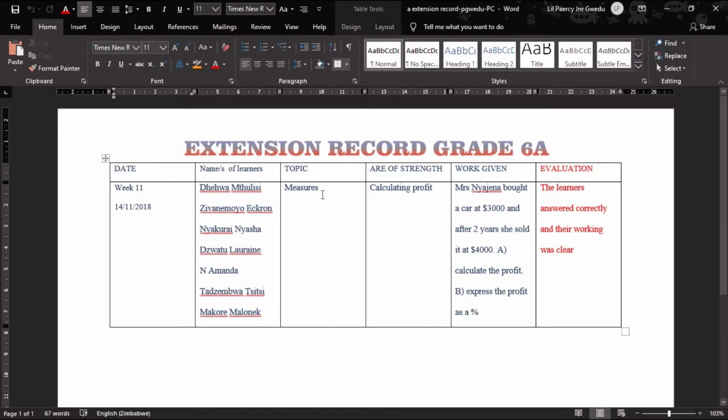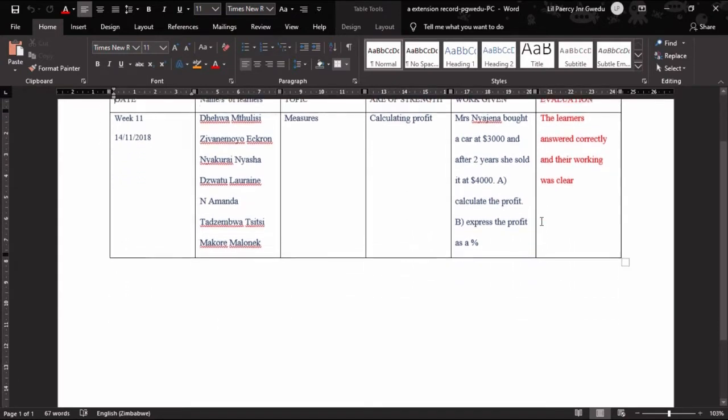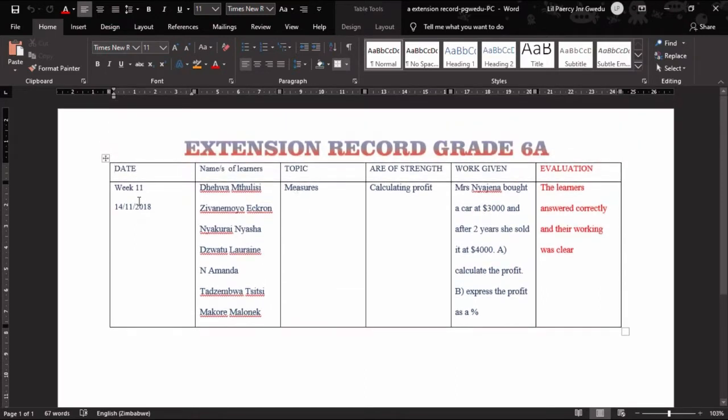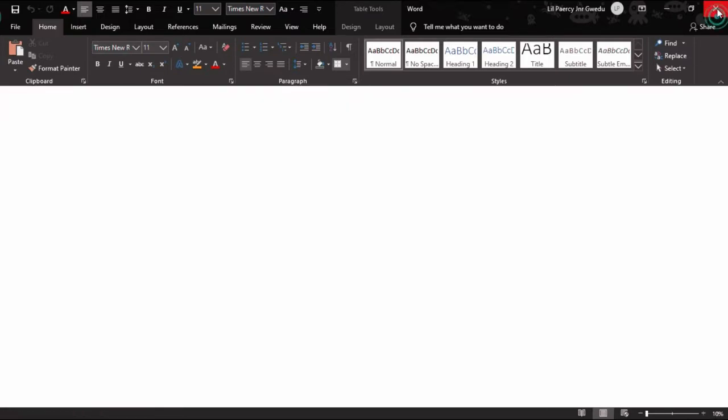It has the date, name of learners, topic, area of strength, work given, and evaluation. And these are the names, the topic, the week ending, the week, the date, and the evaluation. So this will be the extension record. So we close that one.